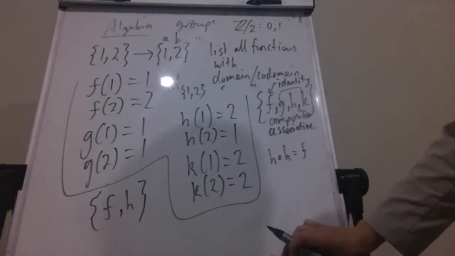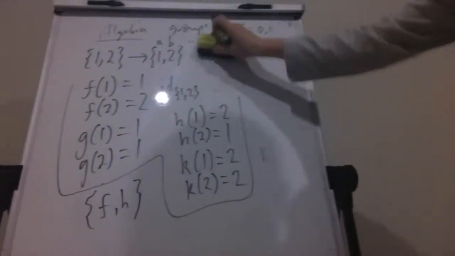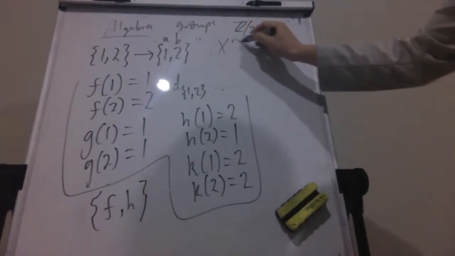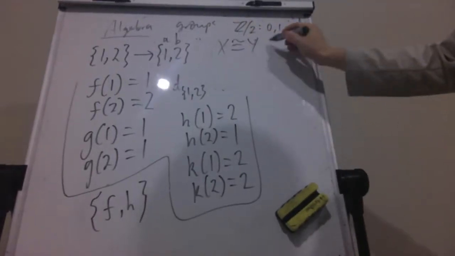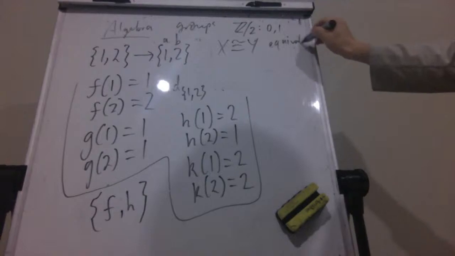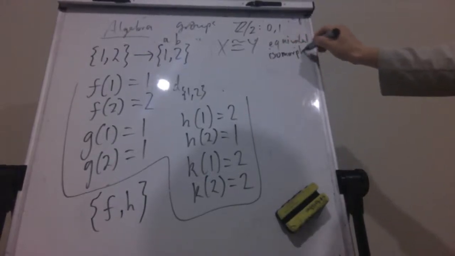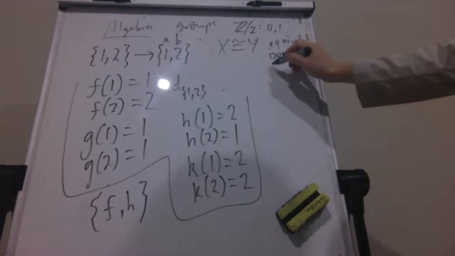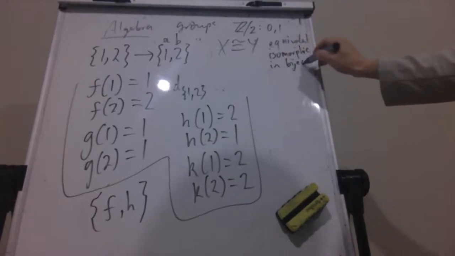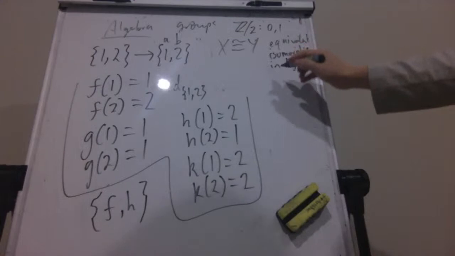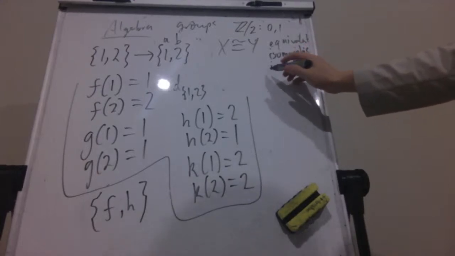So let's write this down. X and Y are isomorphic, so they're equivalent, isomorphic, in bijection. These are all kind of similar words.